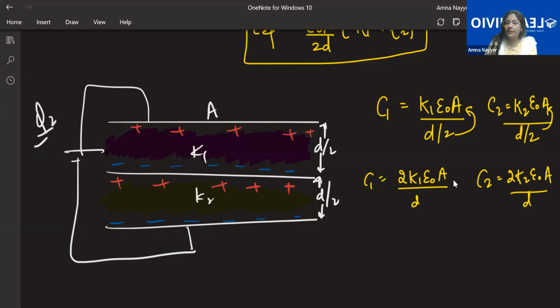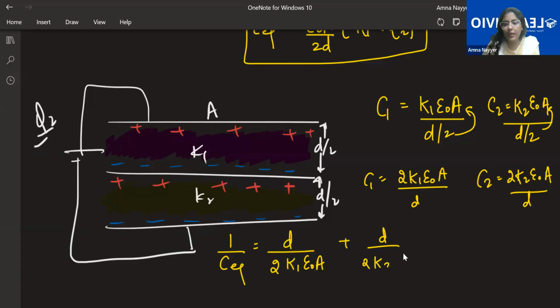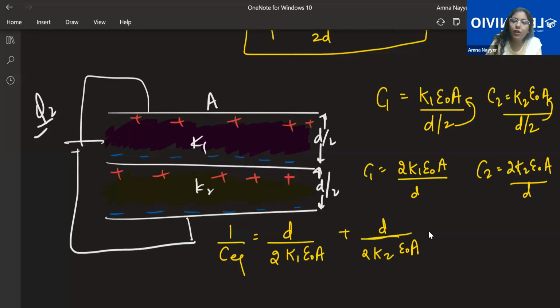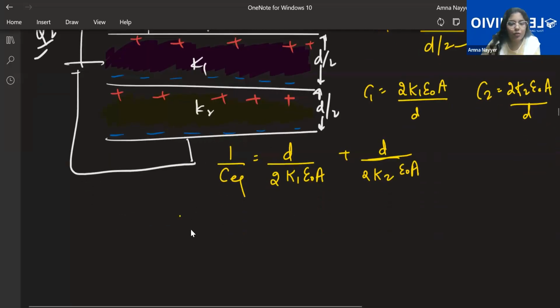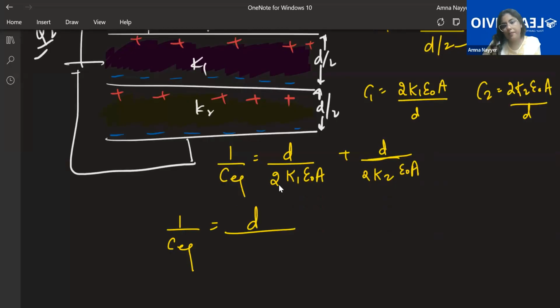Now, as he rightly said, they are connected in series, so you will reciprocally add them. 1 by C equivalent will be d by 2K1 epsilon naught A plus d by 2K2 epsilon naught A, because you are reciprocally adding them. It's in series connection, right? So in series, let's take d by 2 epsilon naught A common. We'll be left with 1 by K1 plus 1 by K2.